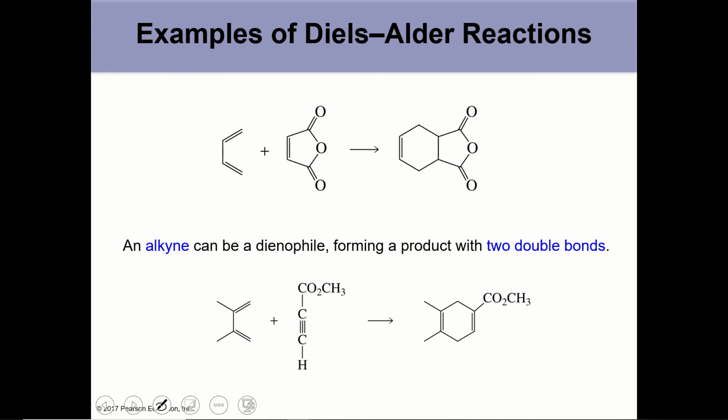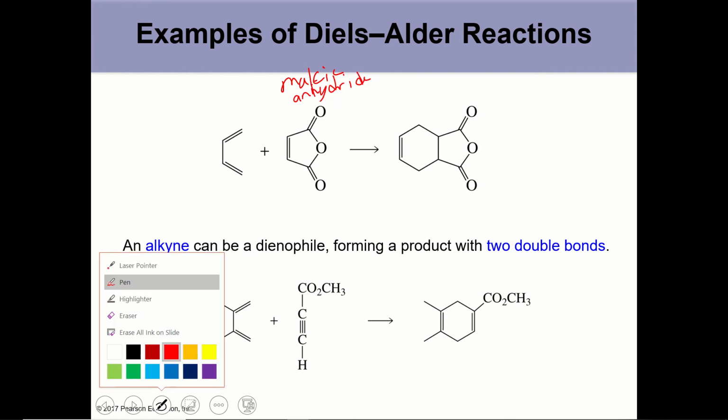Examples of Diels-Alder reactions, we can do a reaction with, for example, maleic anhydride. And make a derivative. And so it can be any alkene.